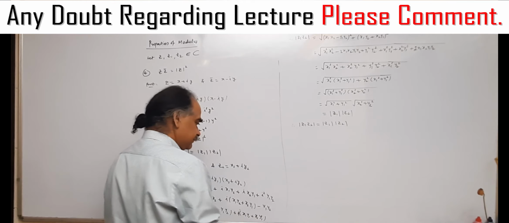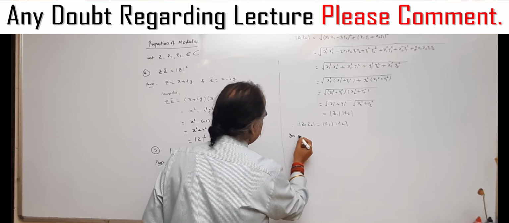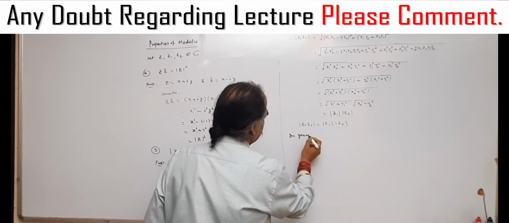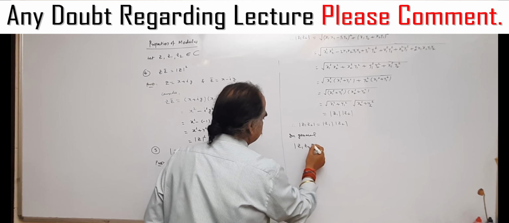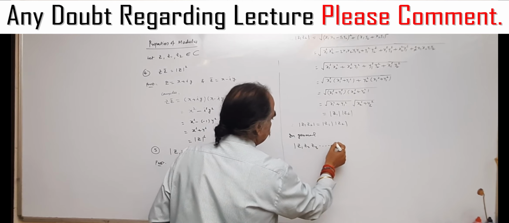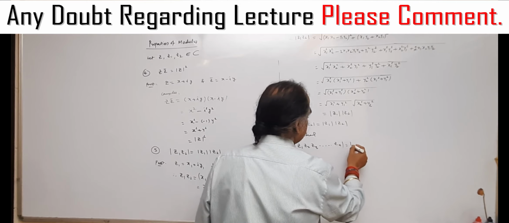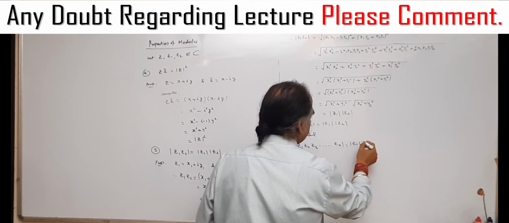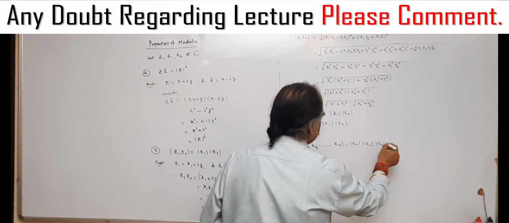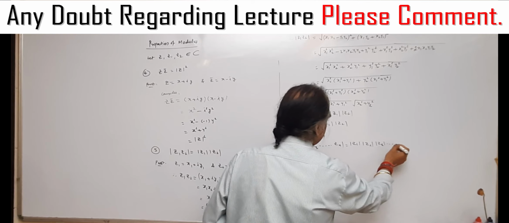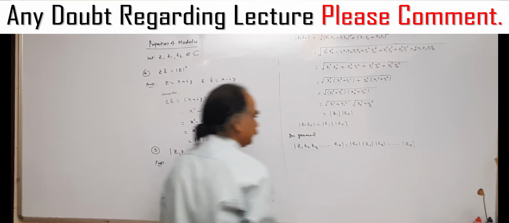In general, modulus z1, z2, z3, up to zn is same as mod z1, mod z2, mod z3, up to mod zn.